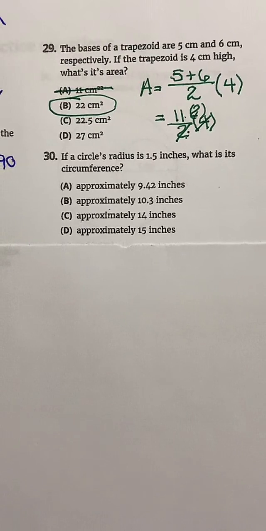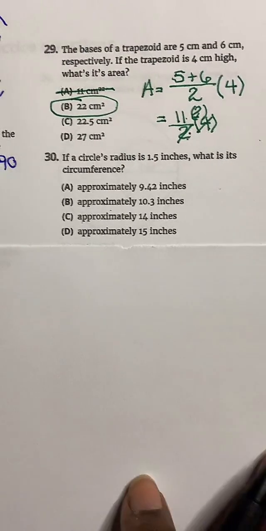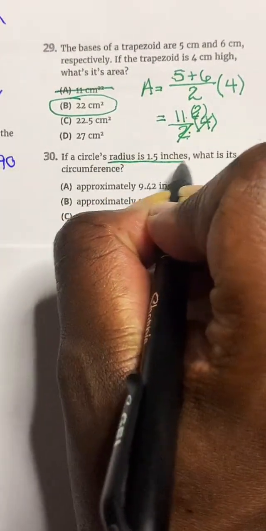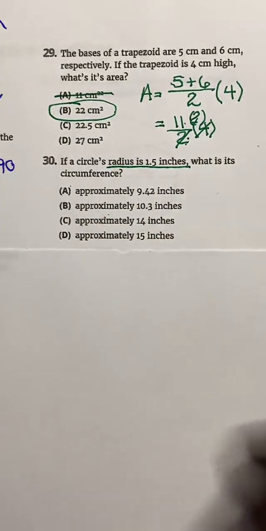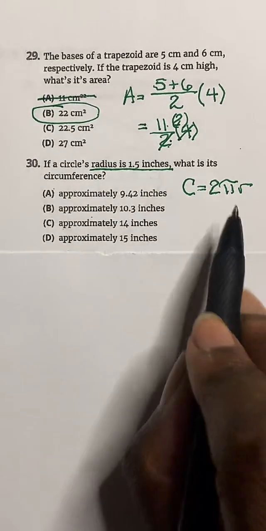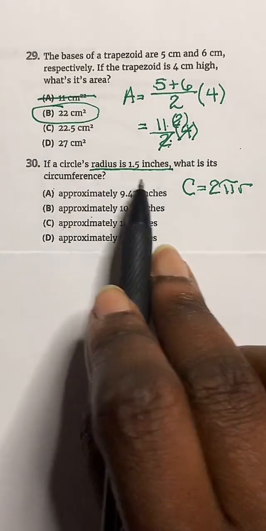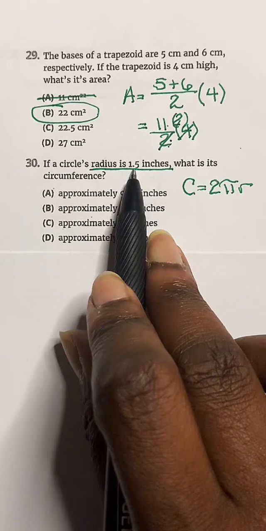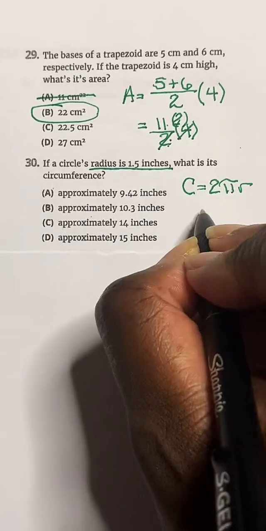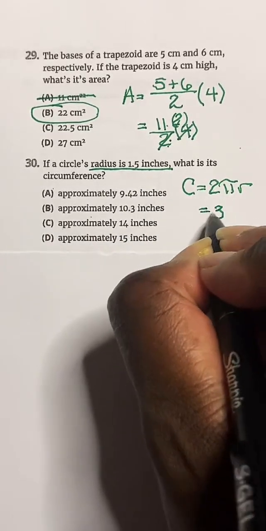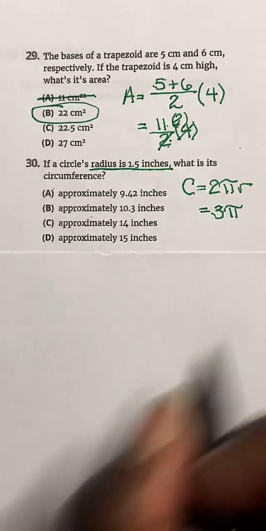All right. So quickest way, we're talking radius. So when they want us to find the circumference, remember the circumference is 2 pi r. Okay, so that means we have to double up the radius and multiply it by pi. Well, if we have 1.5, if we double that up, that's going to give me 3. So we have 3 pi.